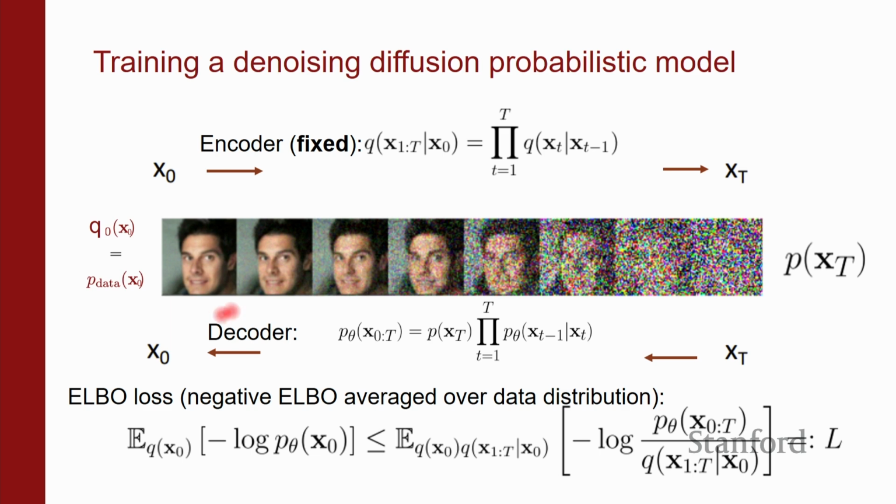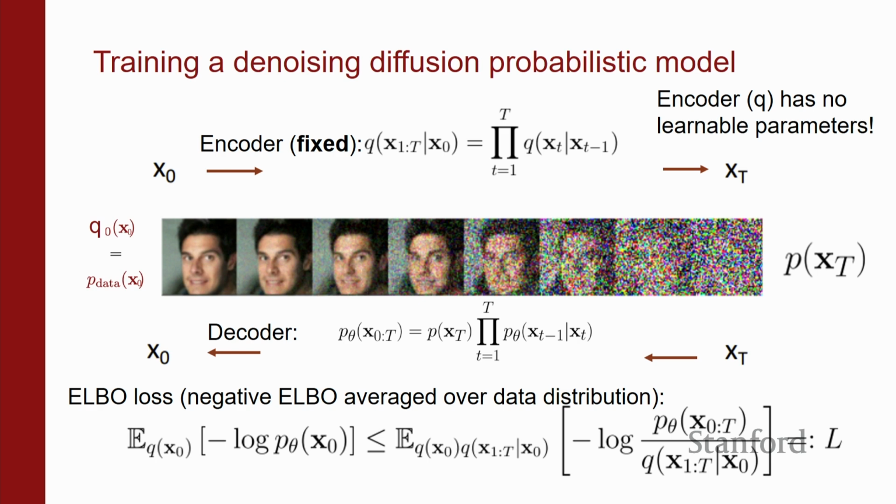That's how the joint in the numerator is defined, in terms of p theta of x t minus 1 given x t. And you can optimize this loss as a function of theta.